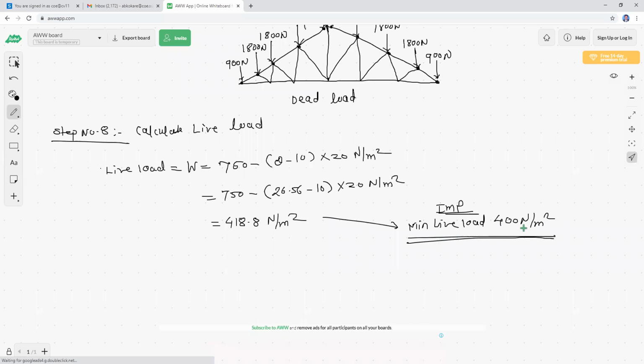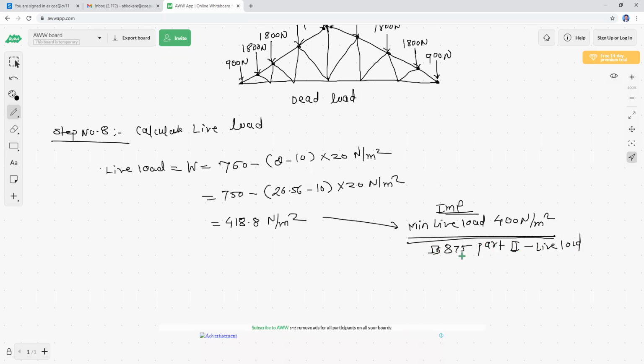Minimum live load 400 Newton per meter square we can consider as per IS 875 part 2. This part 2 is for live load.